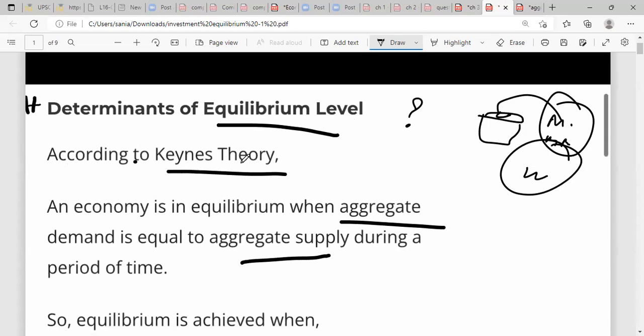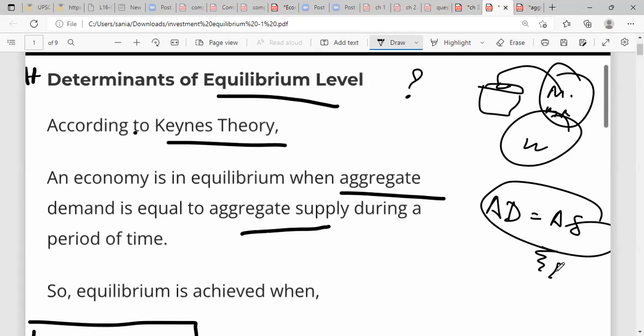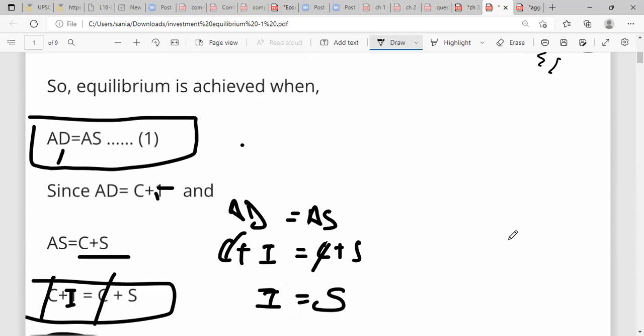According to Keynes's theory, an economy is in equilibrium when aggregate demand is equal to aggregate supply during a period of time. So when your AD is equal to AS, that is your equilibrium point. Clear? Now you already know, in the previous chapter when we did AD and AS, we discussed many things.